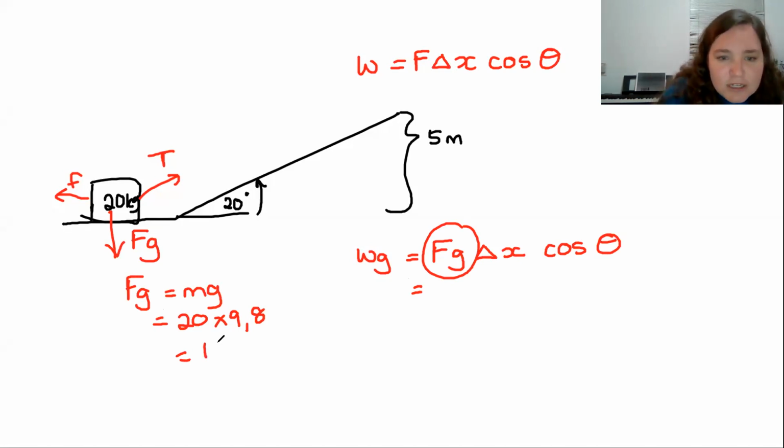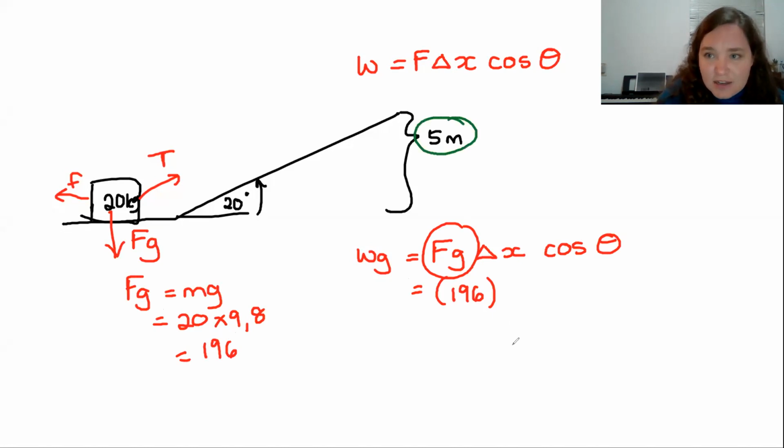Yep, it's 196. Then comes the bit that's special. We only ever use the height as our displacement. The displacement that the weight will work against is the vertical height, up or down. Whether it's being raised or lowered, we're going to put in the height here.